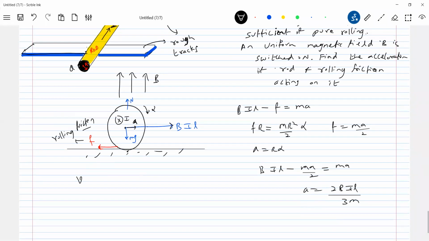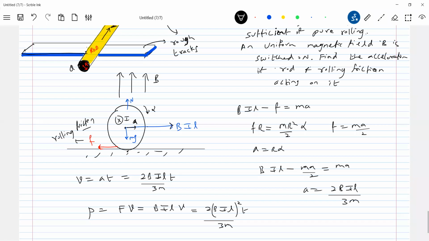Then what is the velocity at any time? V equals at, so 2 BIL by 3m into t. What is the power generated by this? F into V. So it will generate power.